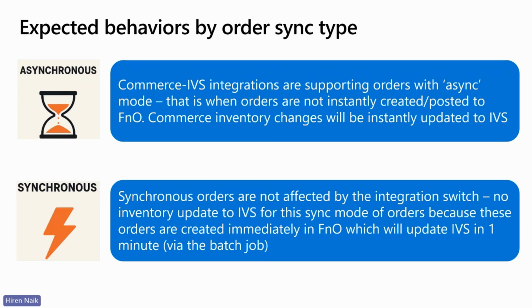But if you have some of your orders chosen to be synchronous, that means these orders will instantly be created in F&O, and those order quantities created on commerce won't really be posted to IVS immediately because they are already created in F&O, and because there's this out-of-box batch sync job from F&O to IVS that would update IVS in 1 minute anyway. So it doesn't make too much sense to update to IVS and then offset in about a minute's time. So this is the expected behavior.